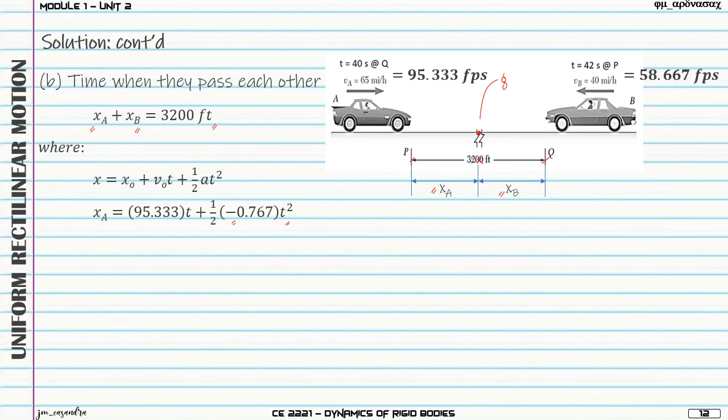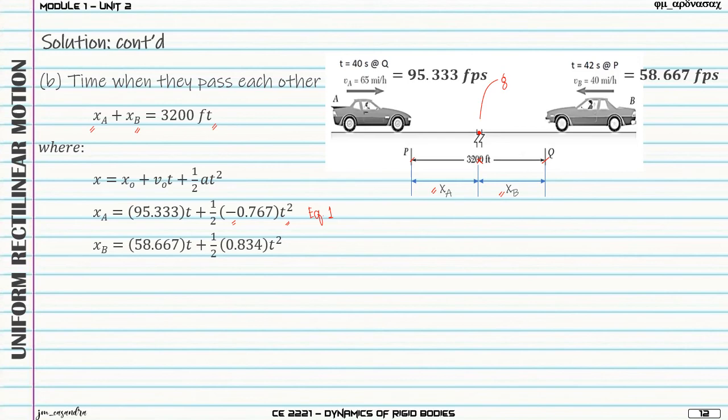Okay? So this will be our equation 1. And using the same equation, we also have x sub b is equal to 58.667 times the same time that P reaches point G plus 1/2 times 0.834 T squared.